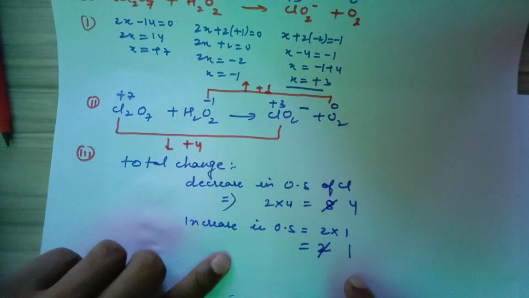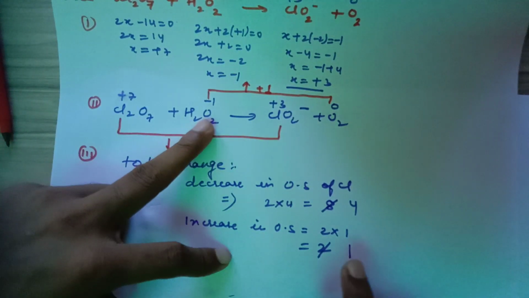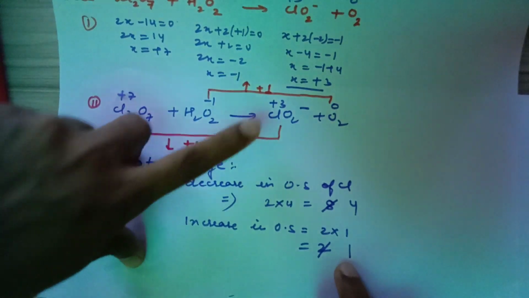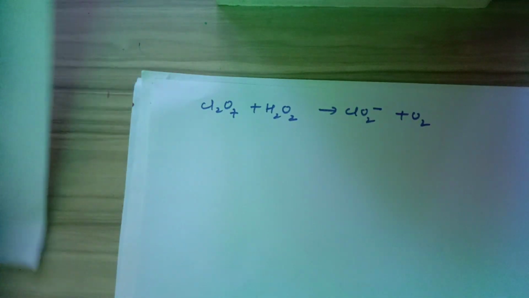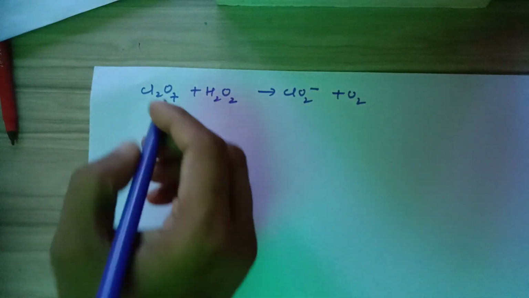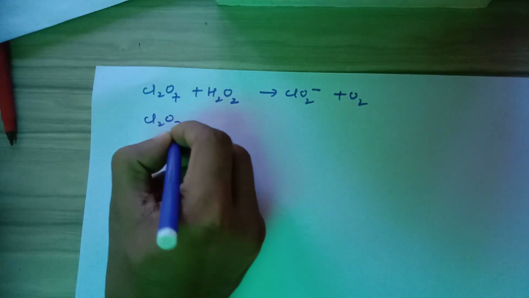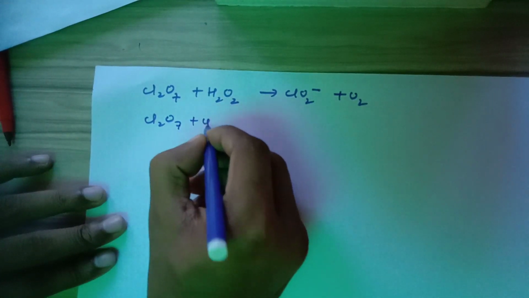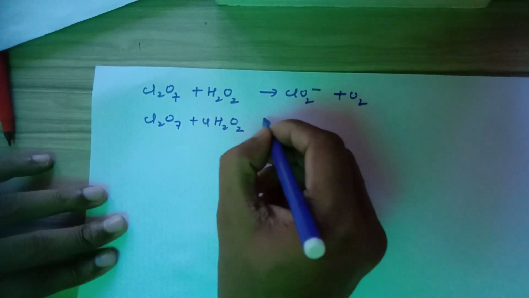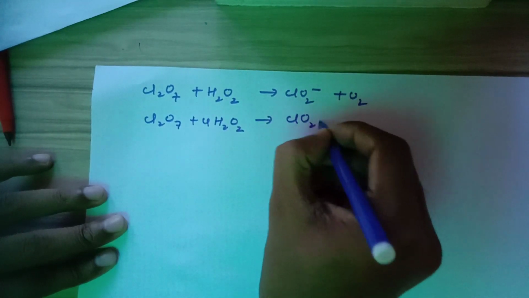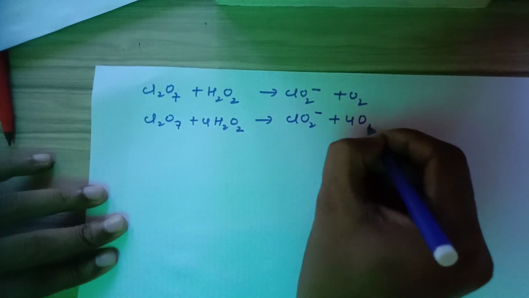And since the change in oxidation state of oxygen is by 1, we have to multiply Cl2O7 and ClO2 by 1 only. So let's do it. Let's multiply H2O2 by 4. So it will be Cl2O7, 4H2O2, this will be ClO2 minus and this will be 4O2.